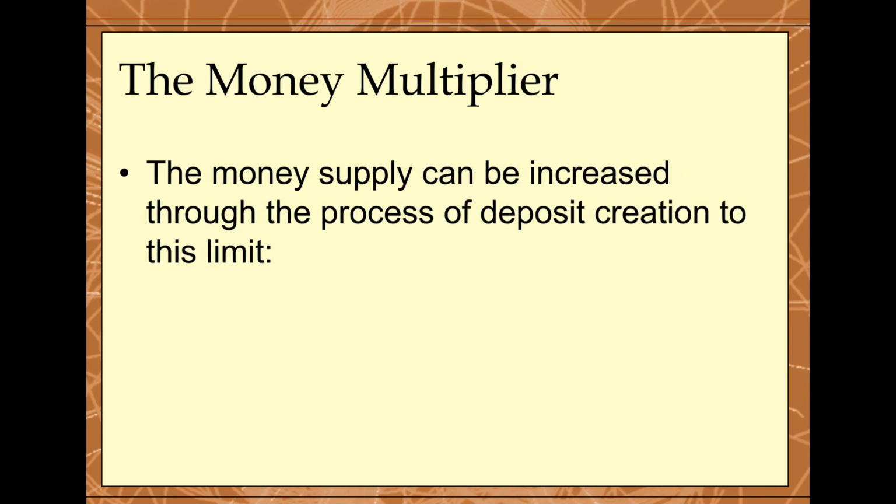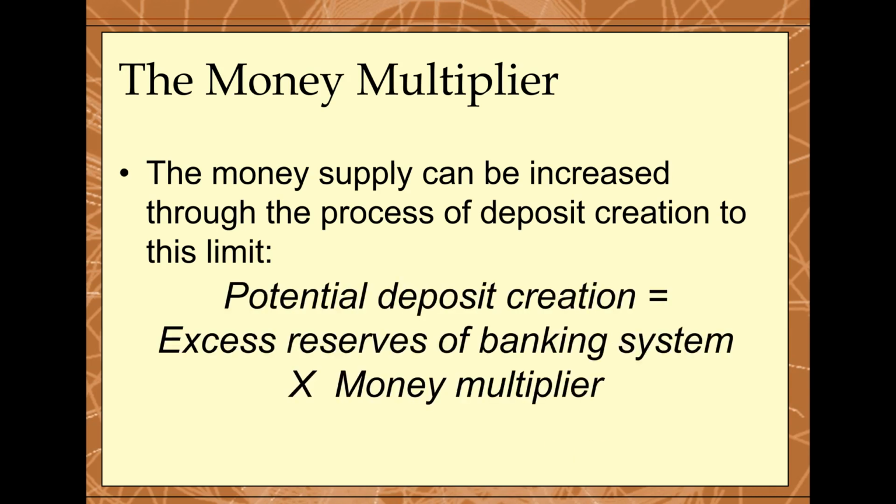The money supply can be increased, though the process of deposit creation has its limit, right? So the potential for increasing the money supply equals the excess reserves in the system times that money multiplier, and that money multiplier in this case was 5, right? Remember, excess reserves initially was $80.